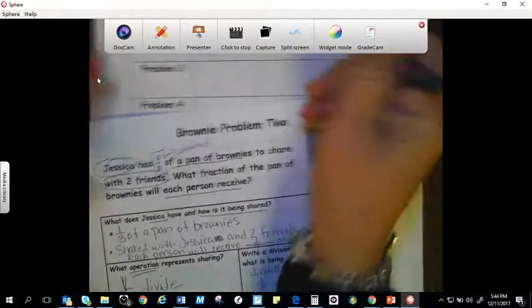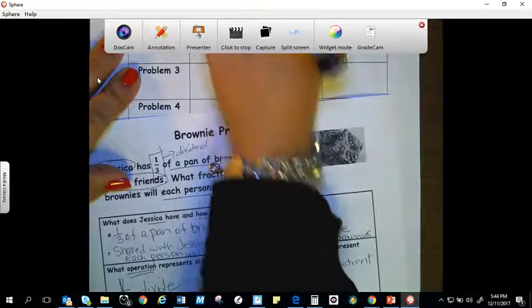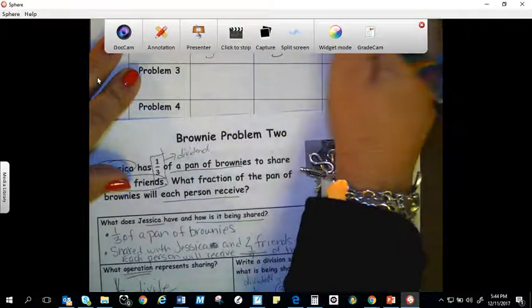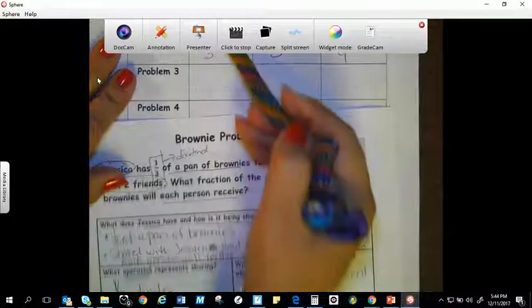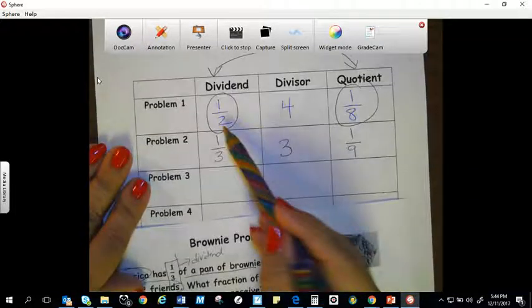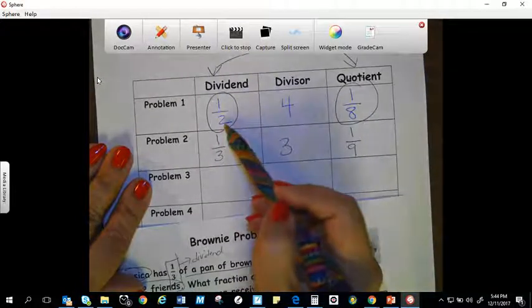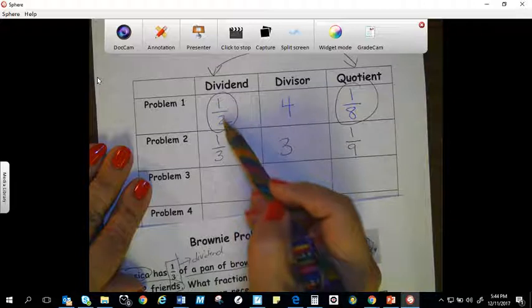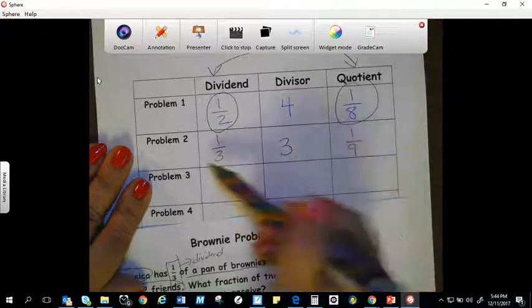So again, what do you notice? If it starts with a fraction, it's going to end in a fraction. And then somebody in class was saying, if it starts with a fraction, it's going to end in a fraction. And they were saying, oh, but look at this. If I had my 1 across and 2 times 4 is 8, that's my 9.